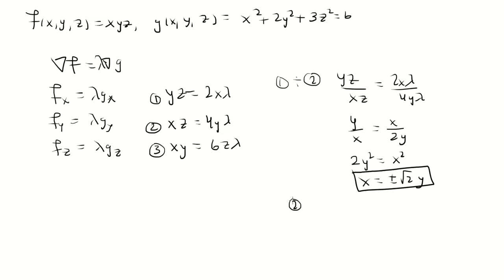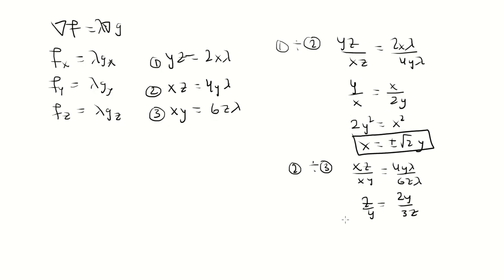Now let's take the second divided by the third. We have xz divided by xy equals 4y lambda divided by 6z lambda. So z over y is equal to 2y over 3z, which I can cross multiply again and get 3z² equals 2y².